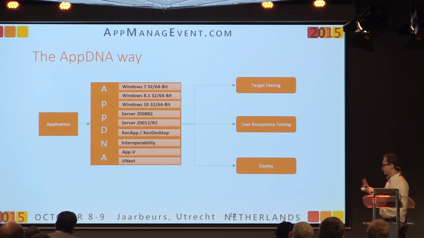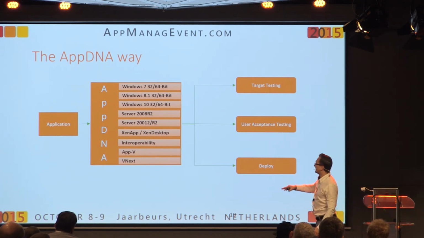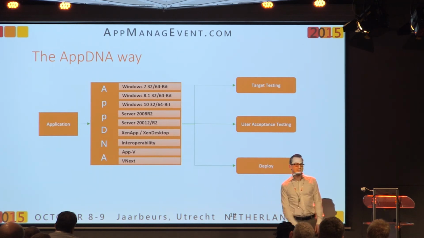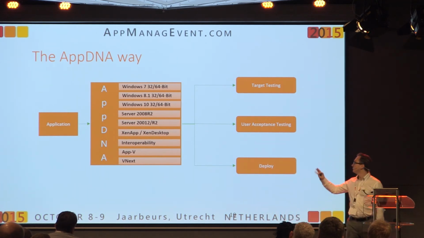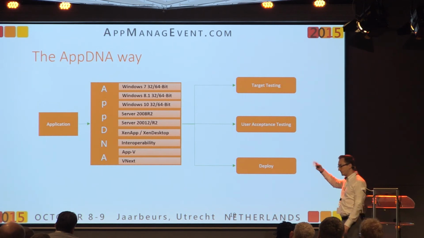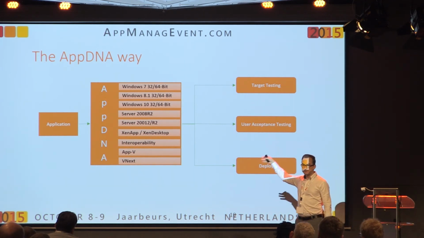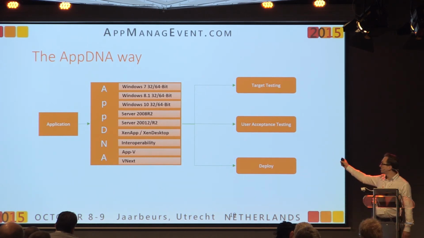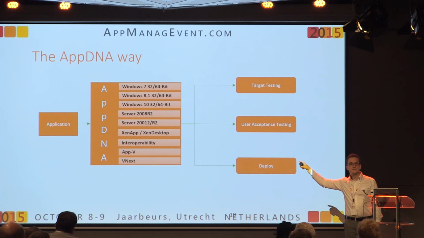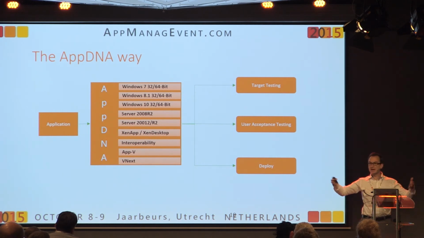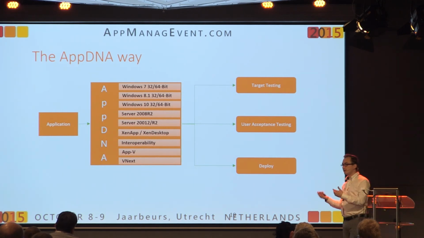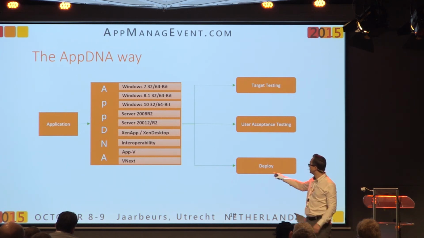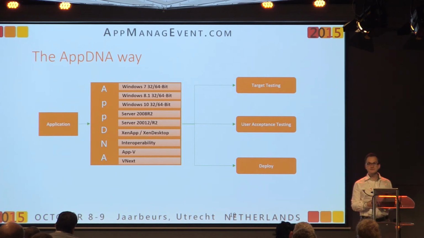The AppDNA way, very simple: take an application, import it into the AppDNA platform, and it will give you a compatibility profile for Windows desktop operating systems, 32-bit, 64-bit, server, XenApp. Interoperability is the traditional Windows Installer conflict checking. If you have to install the app natively, it will look at the key paths and so forth. AppV: is this app going to be easy to sequence? Will it work when it's deployed with AppV or not?